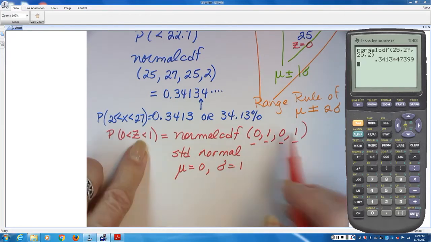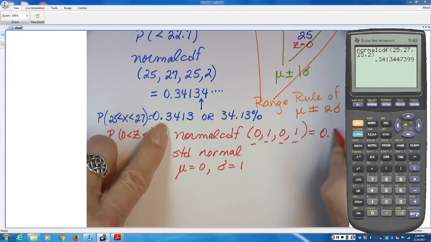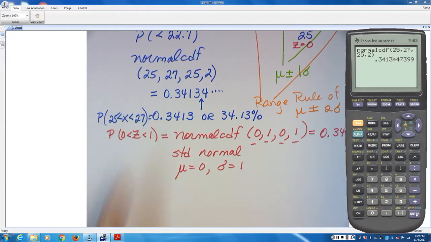So if you put this same exact thing in, you're going to get 0.3413, which we're going to round to 0.3413, or 34.13%.